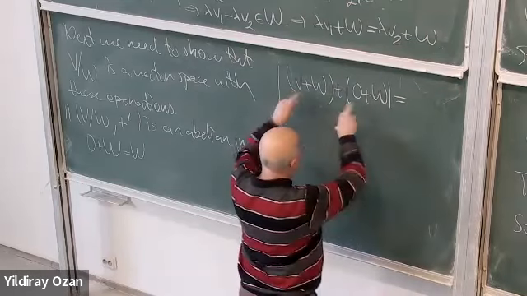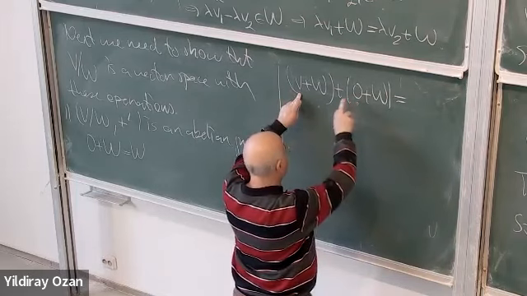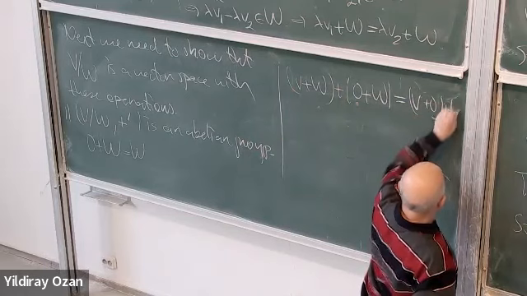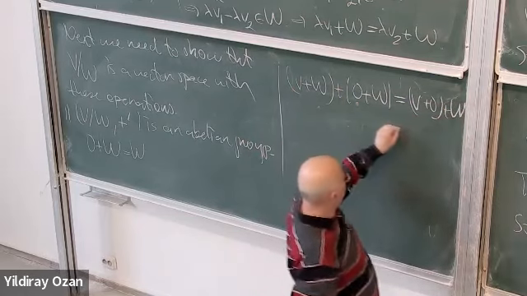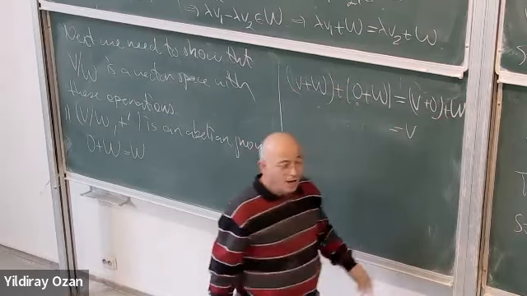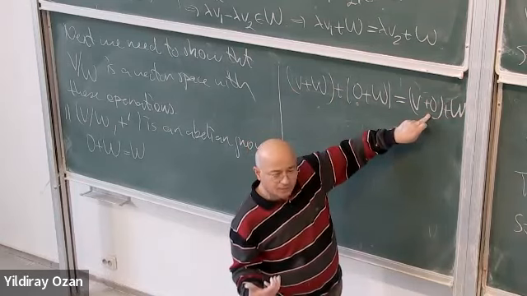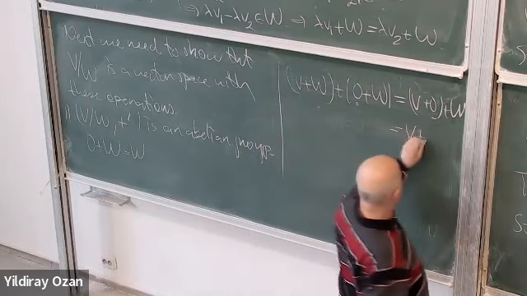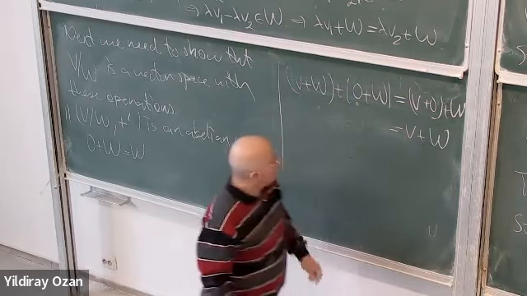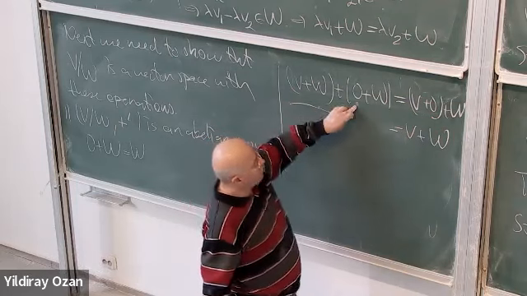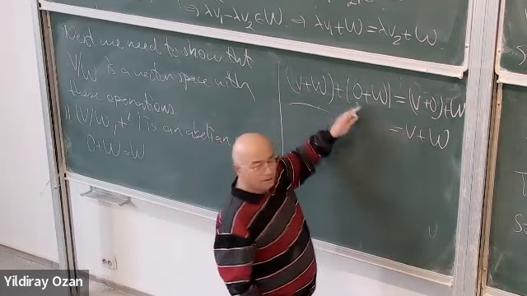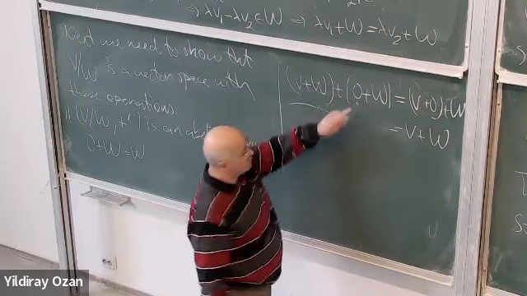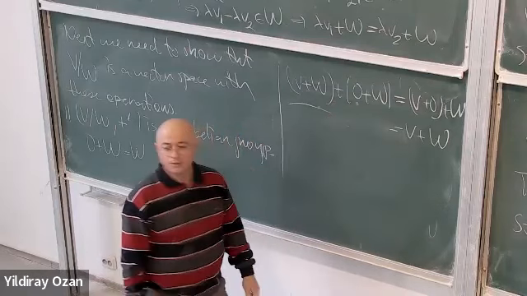I just take any two representatives. V here is 0 here, okay? V plus 0, and then W. Well, V plus 0 is V because this is the additive identity element of my original vector space. So this is just V plus W. So this element added to this one gives me this. And you can interchange these two and you get the same thing. So this is the identity element.